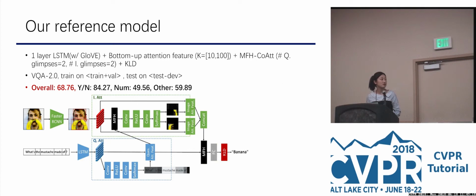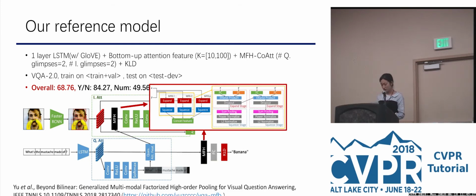Here in the graph, there is only one glimpse of question attention, but actually it's two. This is a small imperfection. We report the overall accuracy of 68.76%, which is a very competitive model. The details of the model and MFH can be found in our paper shown on the bottom, and the codes are also released.